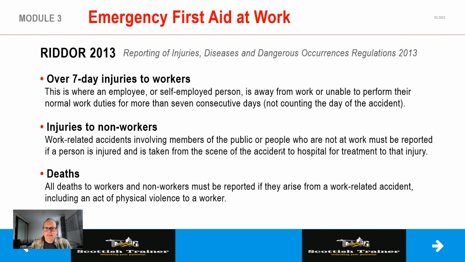We've also looked at the contents of a first aid kit. And again, when we're looking at all this, we're providing suitable and sufficient training for the people that we ask to do the job. That includes our first aiders. They should all be suitably and sufficiently trained for the job they're doing. Hence why we do first aid courses and we refresh them every 3 years.